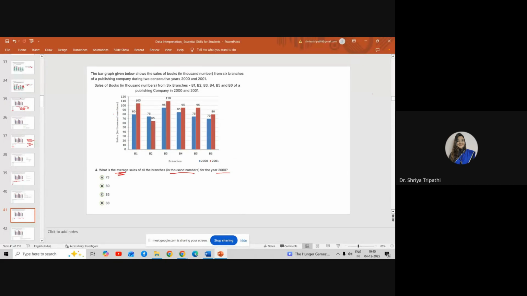The 2000 figures are in blue. Add 80, 75, 95, 85, 75, and 70.